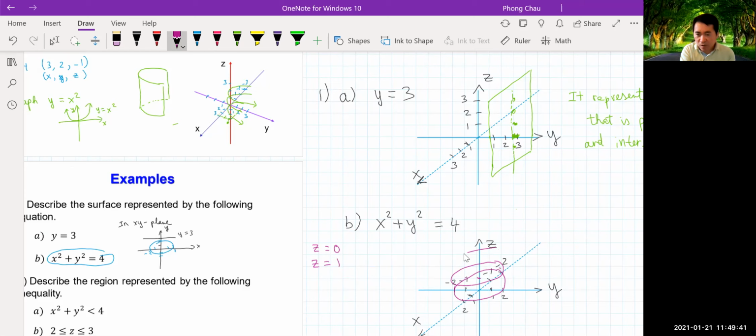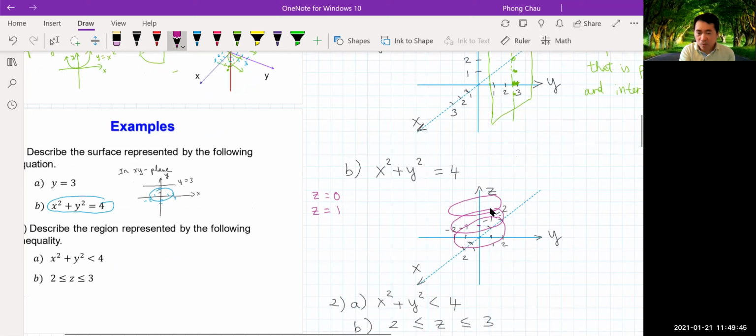Z equals 2, you have another circle above. And when z equals negative 1, you have this. So if you put it all together, you have a whole bunch of circles, one stacked on top of the other, and you see that we're going to have a cylinder.